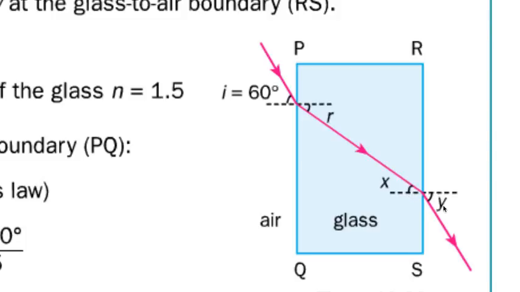The reason is that my angle of incidence must be the angle in my less dense medium. This one is more dense, that's why it's sine y divided by sine x equals n.